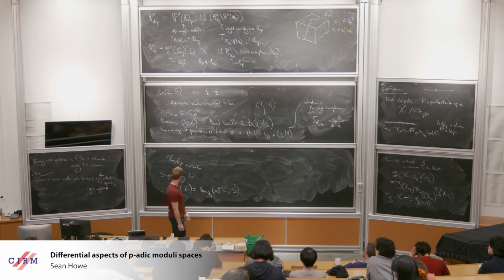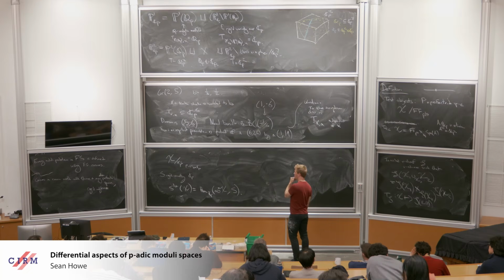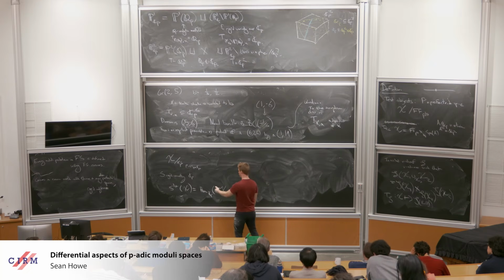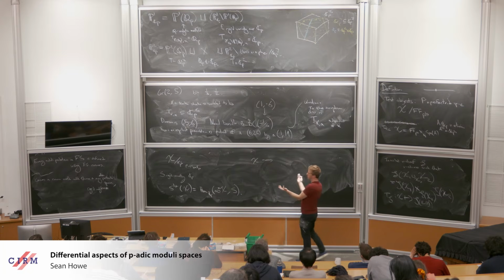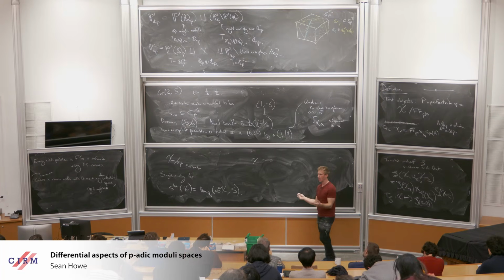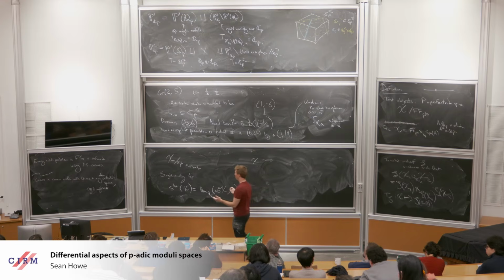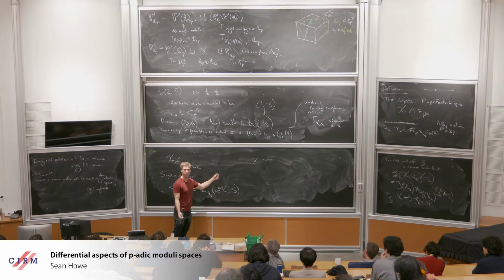Good, so you have this, and now I can think of this X. The reason I work with these very simple X's is because I can just think of them as adic spaces, and moreover, the reason I'm up here talking and not someone else is because, in particular, they're flat over the Fargues-Fontaine curve.